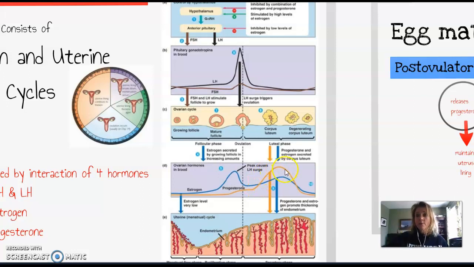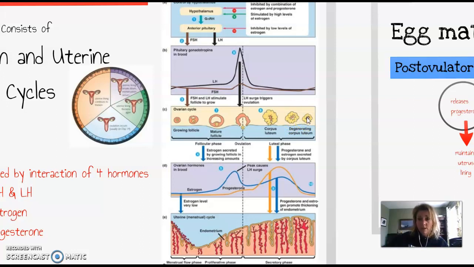As our progesterone levels go up, that's going to help to maintain the thickness of that endometrial lining. As our corpus luteum, however, starts to degenerate, and this is only going to happen if fertilization does not occur, when this corpus luteum gets smaller, smaller, smaller, progesterone levels are getting lower, lower, lower, and so is estrogen.